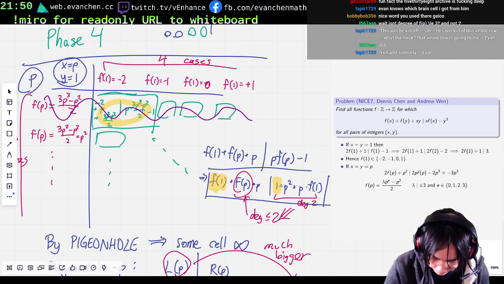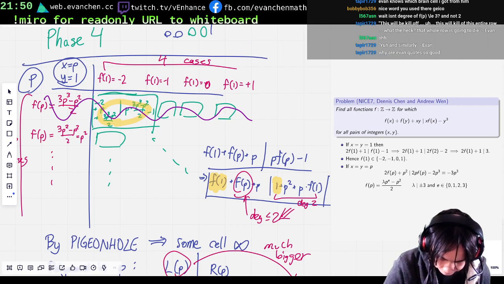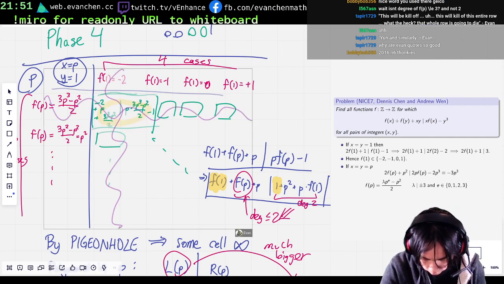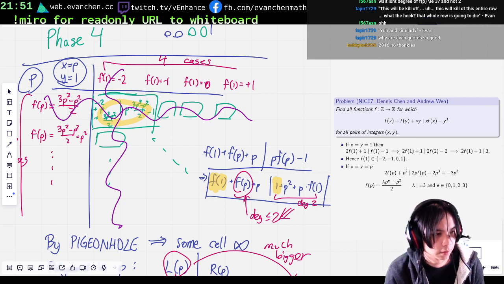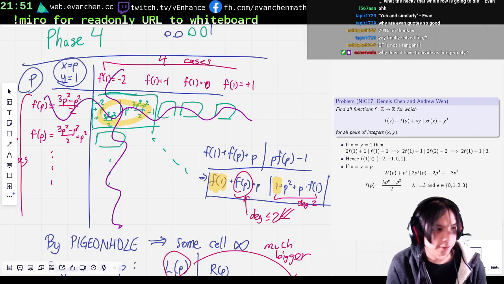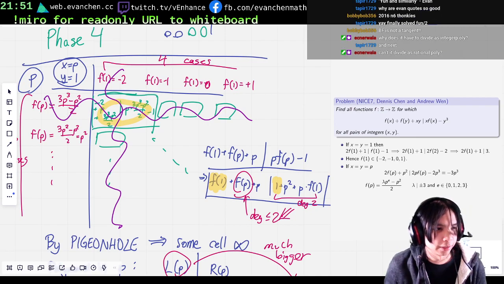So that means this whole column where f of 1 is equal to minus 2 is also just no-go. So in this way, you have these 64 cells, but already I've managed to bring it down to 36.